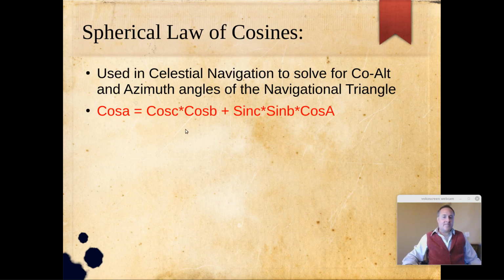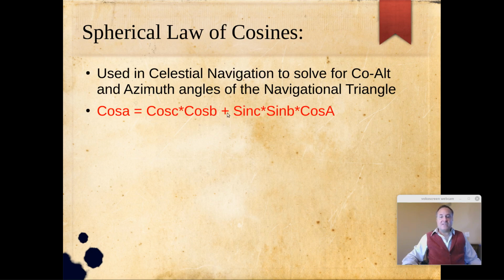What's there? We've got a side that we're missing and we're interested in finding, little a. We've got the product of the cosines of the adjacent sides of the side we're interested in finding.